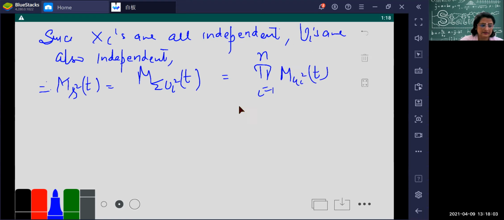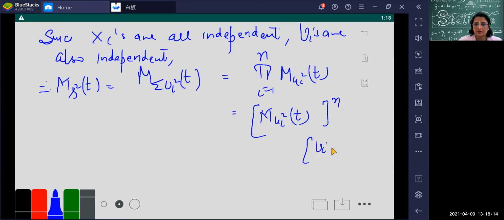The product of M of ui square at t. And they are identically distributed. Therefore, this comes out to be M of ui square at t, whole raised to the power n, because all ui's are IID and follow N(0, 1), right? So let it be number 1.